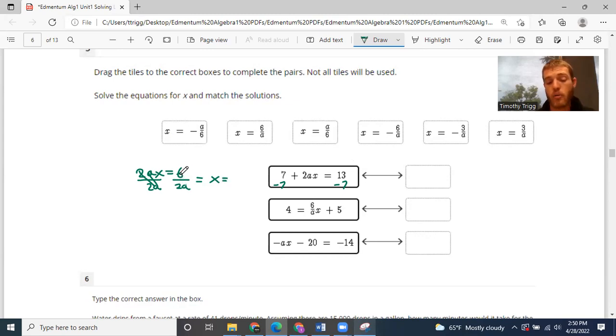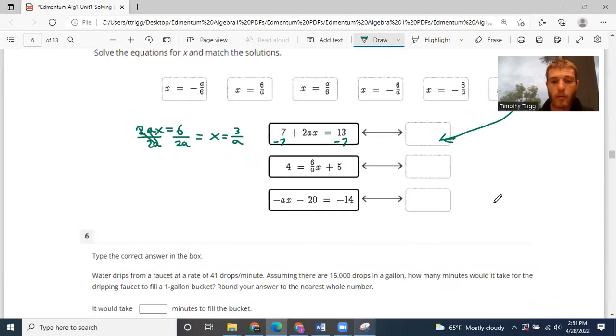That 3 and 2 could reduce, right? By 2, so that's 3 over a. Okay, so 3 over a. This one goes here. All right.